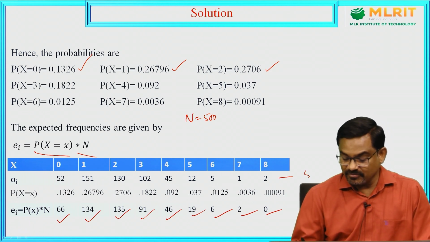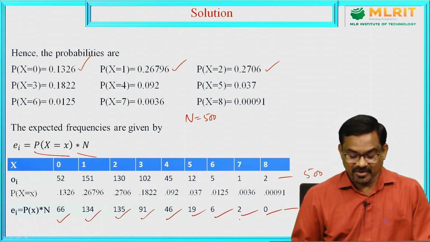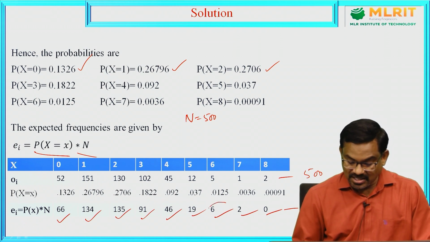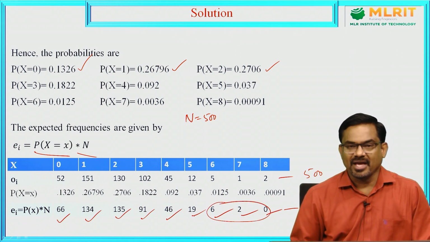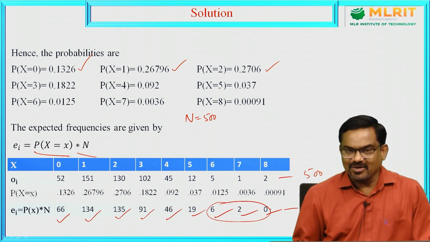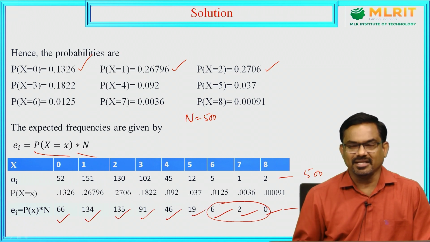The total will be 500 here and also 500 there. Now you can clearly observe in the expected frequencies that the last 3 values are less than 10. According to the condition for the chi-square test, since these values are less than 10, we combine these 3 values into a single value, 6 plus 2 plus 0, which is 8.